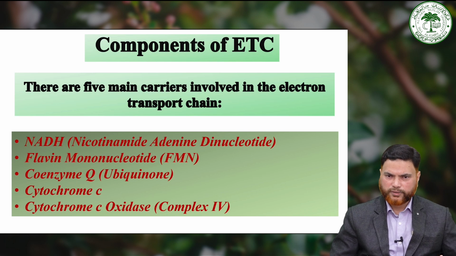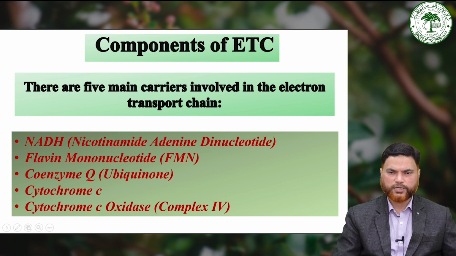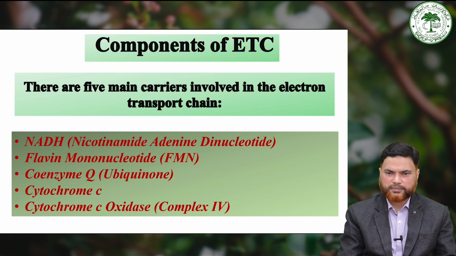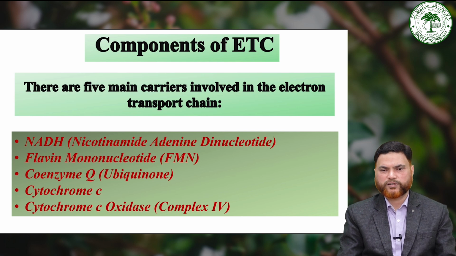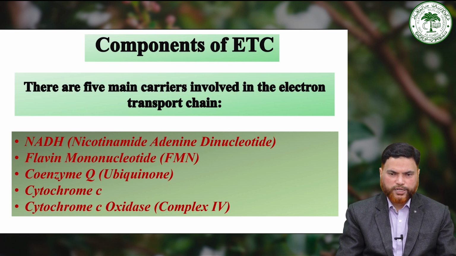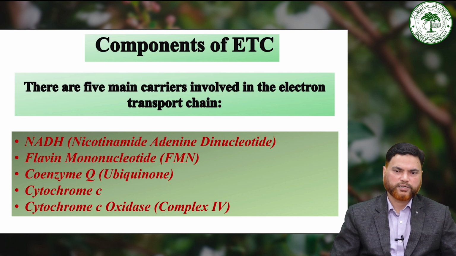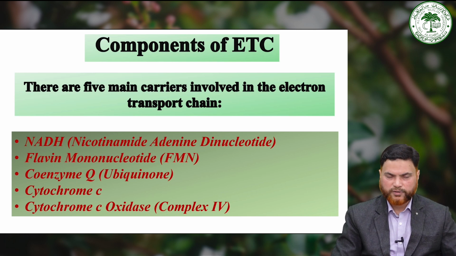The transfer of electrons through complex 4 is coupled with the pumping of protons across the inner mitochondrial membrane, contributing to the proton gradient, which is used to drive the synthesis of ATP. So, in a nutshell, these 5 carriers, namely NADH, FMN, coenzyme Q, cytochrome C and cytochrome C oxidase complex 4, work together to transfer electrons through the electron transport chain, generating a proton gradient across the inner mitochondrial membrane that drives the synthesis of ATP.